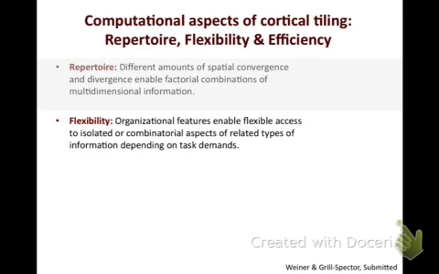Second of all, the fact that you have multiple representations and different levels of convergence and divergence produces some flexibility, because maybe sometimes you want to access one kind of information, or just information about the objects or the hand, and sometimes you might want to access the combined information, like how does the hand manipulate the objects.